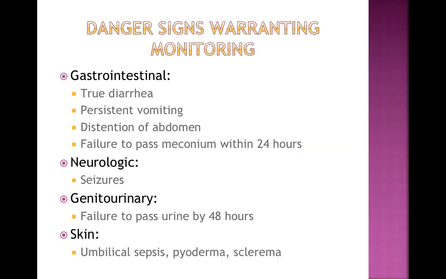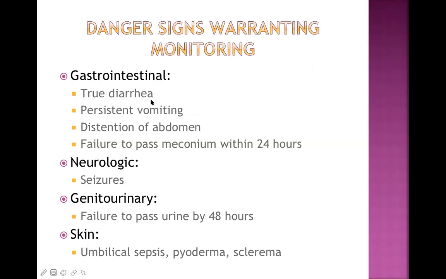Now, what are the danger signs regarding gastrointestinal tract? Diarrhea, okay, this is called true diarrhea. There is a reason why it is written like a true diarrhea, because the normal stool of the newborn baby looks like a diarrheal stool, but that is not a true diarrhea.